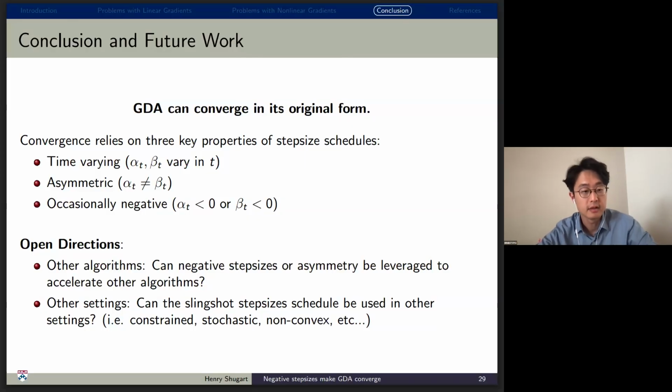Yeah, so another question. This algorithmic component where you take negatives, just the keyword of negative step size, is weird, right? It's very unusual.